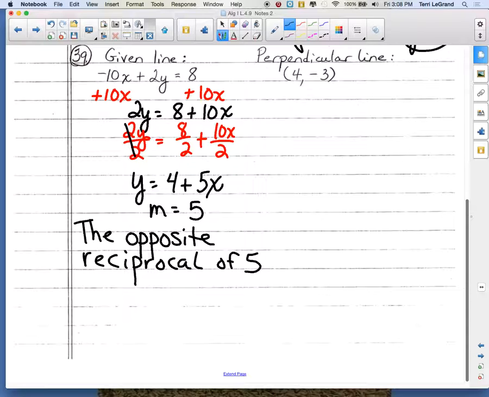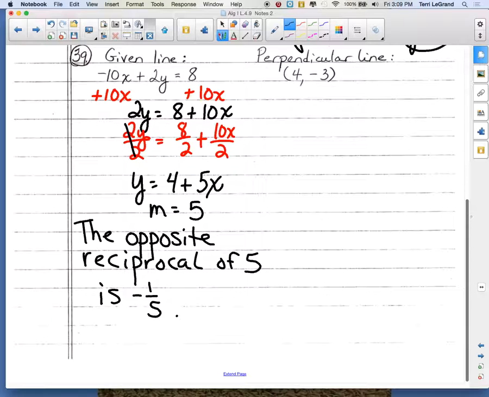The opposite reciprocal of 5, well, first of all, is 5 the reciprocal of 5? What is? 1/5. And the opposite of 1/5 is negative 1/5. Now, hear me on this, because you're always going to think that the new slope is going to be negative.